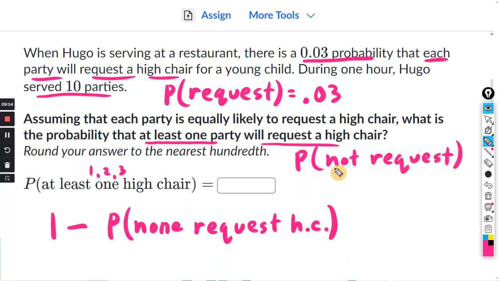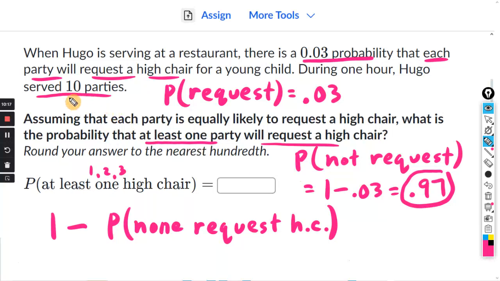So if there's a 0.03 chance that there's a request, it's going to be 1 minus 0.03 that the person does not request. 1 minus 0.03 is 0.97. All right, so the probability that one party does not request is 0.97.